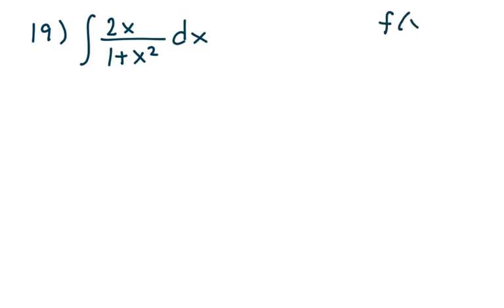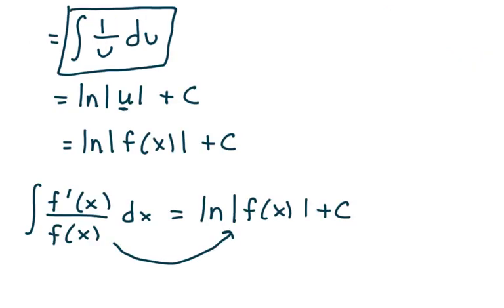So on number 19, suppose we have the integral of 2x over 1 plus x squared dx. Now, what's the function? The function is 1 plus x squared. The derivative of the function is 2x. So it fits that pattern on the other example.